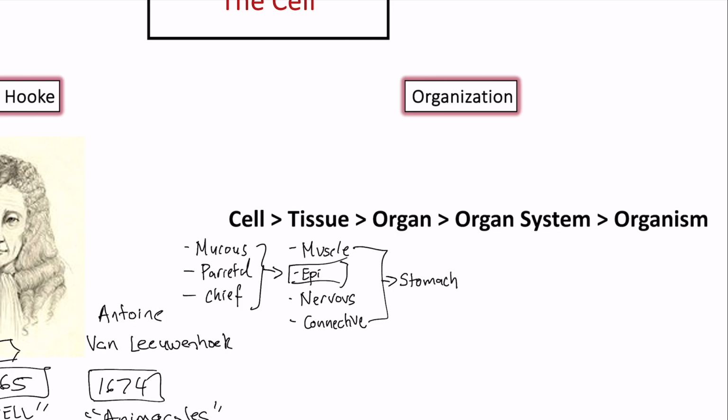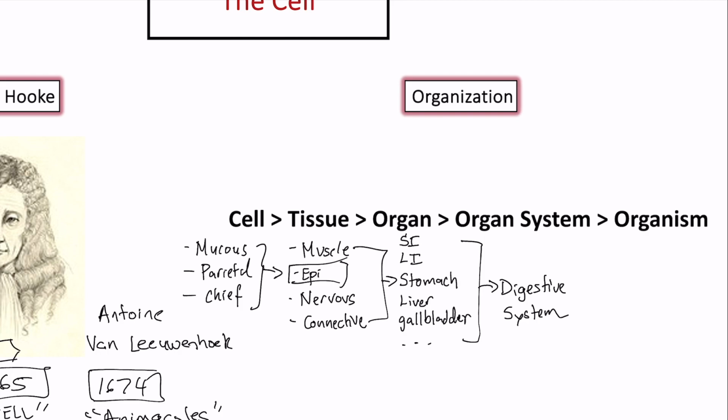Now, what's really beautiful is that you can have a whole variety of different organs. The stomach, the liver, the small intestine, the large intestine, gallbladder, and the list can go on and on. And these organs can interact with each other and give rise to a single organ system. And in this case, it would be the digestive system. And the human body, I'd say, has roughly 11 organ systems.